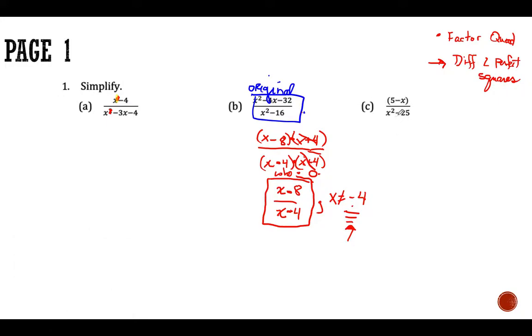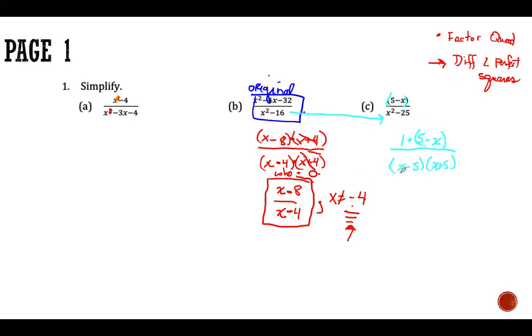Now, hopefully here you can see another pattern, right? That is the difference of two perfect squares. This time, it's x minus 5 times x plus 5. Now, this is such a bummer. I have 5 minus x on top.